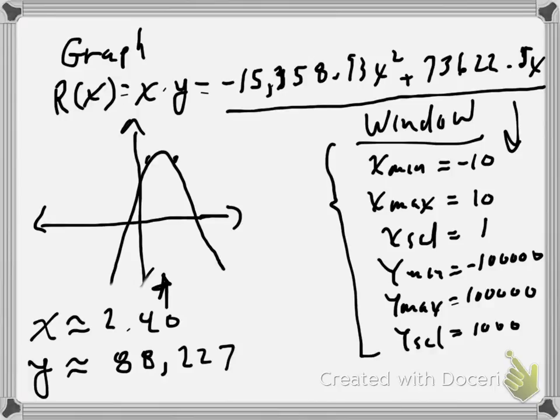Now, what does this mean? It means that you will achieve your maximum revenue, because our y now is our R. We will achieve a maximum revenue of $88,227 when we're selling the cereal box at $2.40.